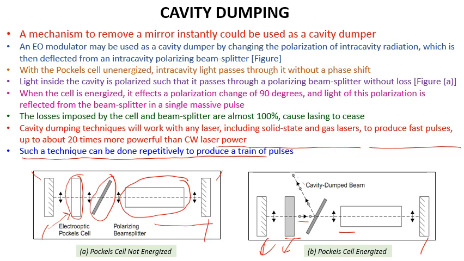So if we switch the electro-optic device on and off, then we can produce a train of pulses. This on-off can be done with an electronic circuit, and then you can produce this kind of train of pulses repeatedly in a very fast way. It depends how you switch on and switch off.